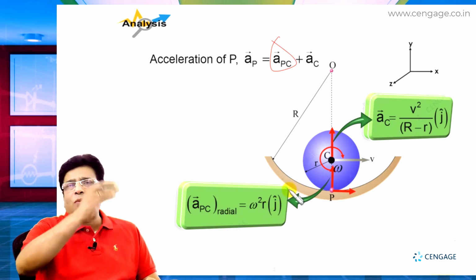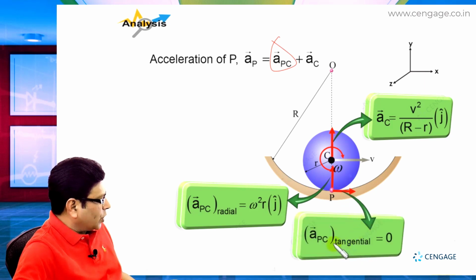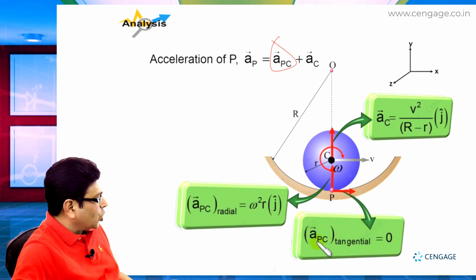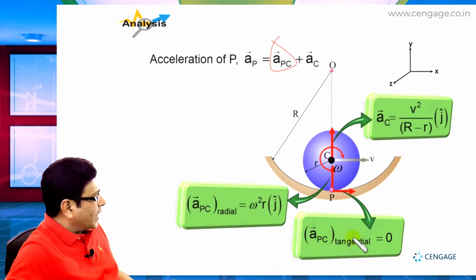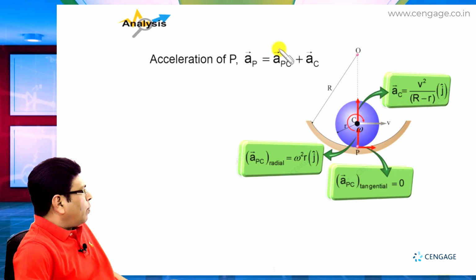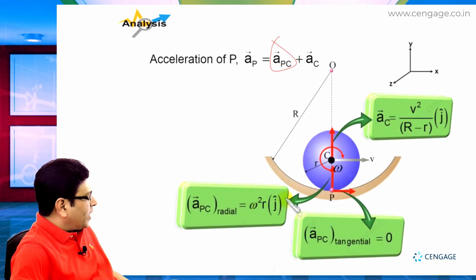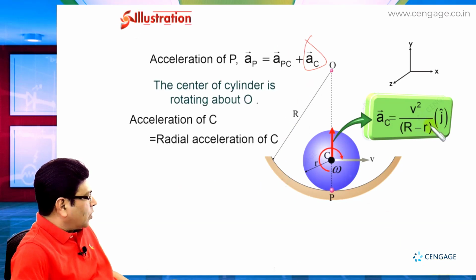J cap is in upward direction, and the tangential component should be equal to 0. Now let us substitute the values: acceleration of P with respect to C is omega square r j cap and acceleration of C is v squared divided by (capital R minus small r) j cap.